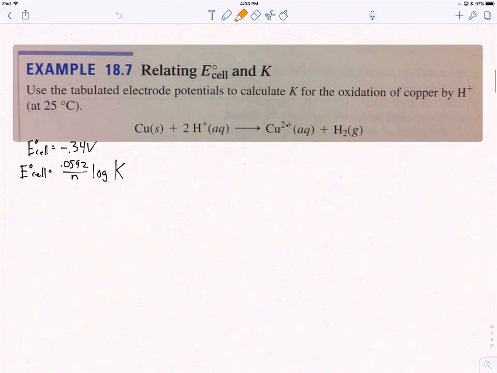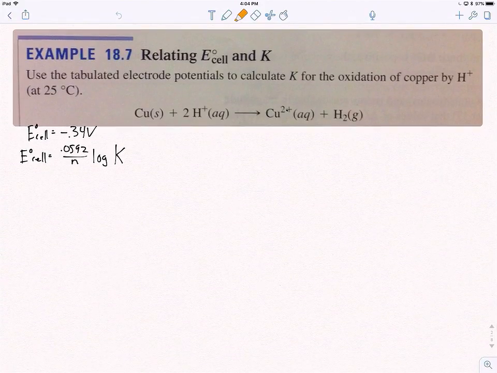Okay, so let's use some of these equations. E0 cell in K. Use the cell potentials to calculate K for the oxidation of copper. Okay, so this is easy. 2H plus 2 electrons to make hydrogen gas. This has 0 volts. That's an easy one. Then we have to look up the reduction potential.